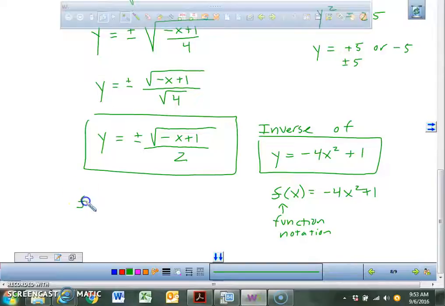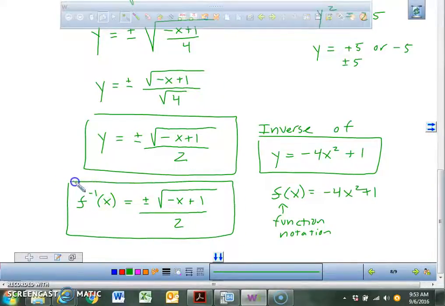So I'm going to say f to the negative 1 of x is plus or minus the square root of, sorry, square root of negative x plus 1 all over 2. This is how you write the inverse using function notation.